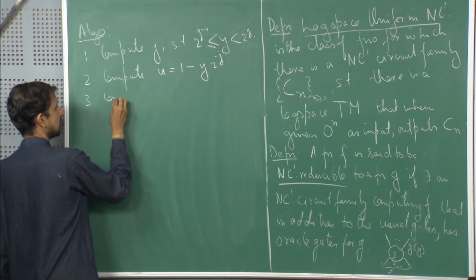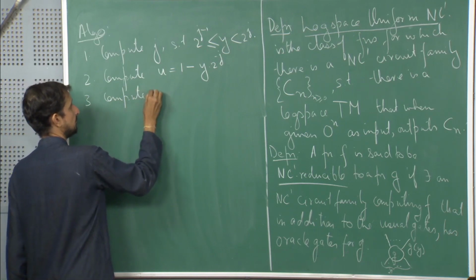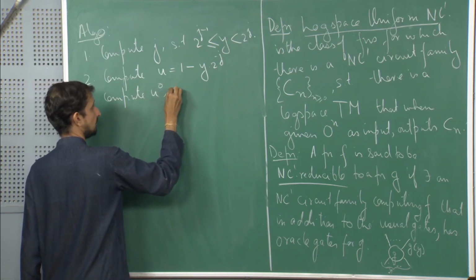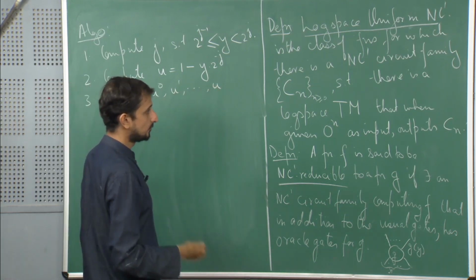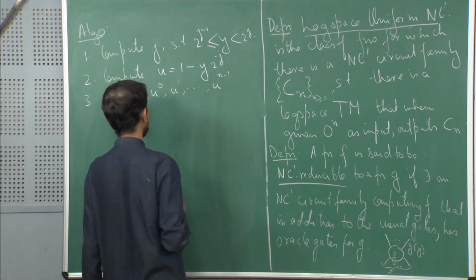Third step is to compute u to the power 0, u to the power 1, up to u to the power n minus 1.